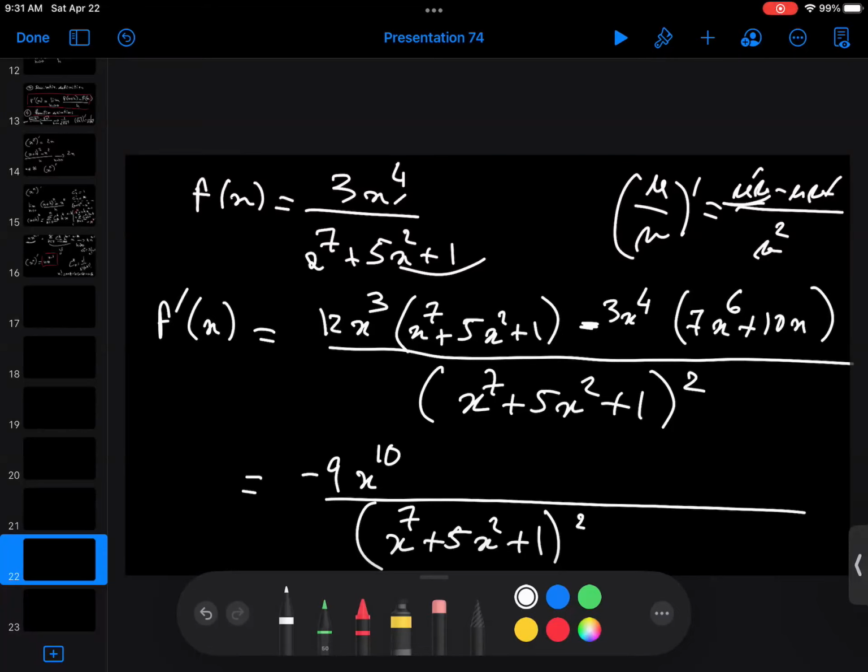Next is the power 5, because 3 plus 2 is 5: I get x^5 and 60, because 12 times 5 is 60, 60 minus 30, which is plus 30. And the last term that I have is 12x^3. That's it.